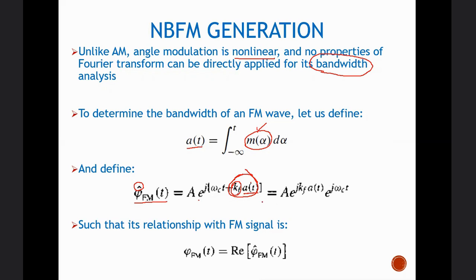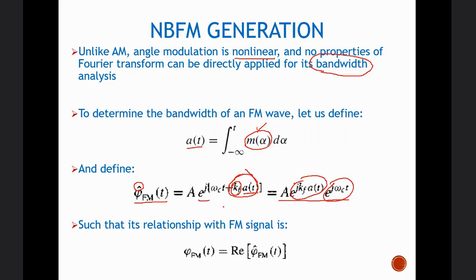Now, remember, this exponential has two terms, the sine and cosine. If we simplify this further, we have two exponential terms, where one is completely related to the carrier frequency, and the other is related to the message signal, where a(t), as we know, is the integral of the message m(t).